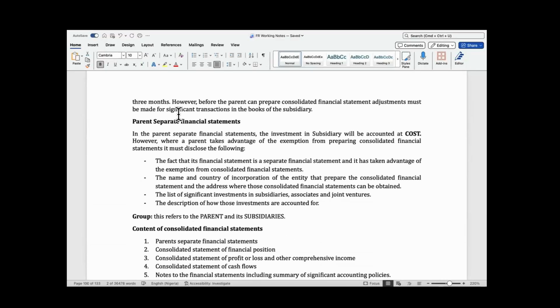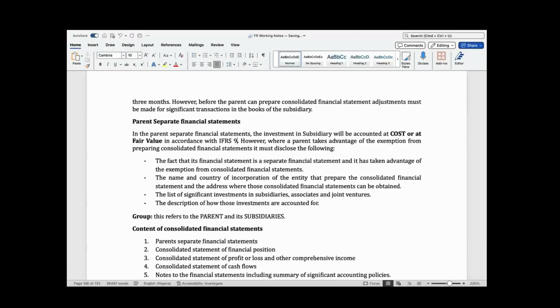And again, the fact that you are preparing consolidated financial statements does not mean you will not prepare your own financial statements as an individual entity. You will still need to prepare separate financial statements. In your separate financial statements, your investment in subsidiary, you must account for it at cost or at fair value in accordance with IFRS 9.